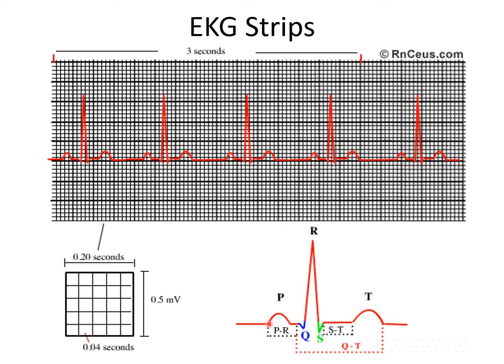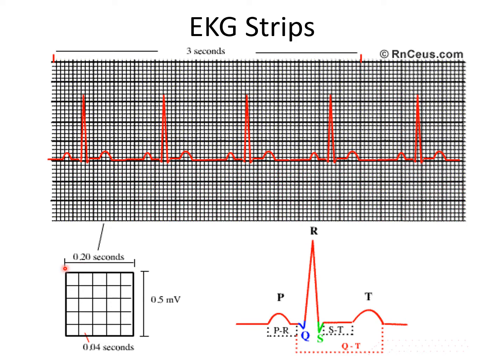Now, one other thing that this slide shows us are the squares that make up the EKG grid on the paper. Okay, so we've taken out just a single large square and we've zoomed in and made it larger so we could look at the little squares within. From one point, the large square, to the other end is 0.2 seconds.